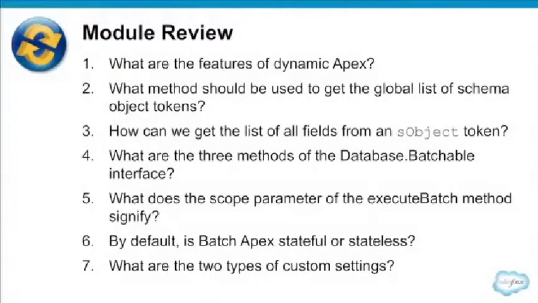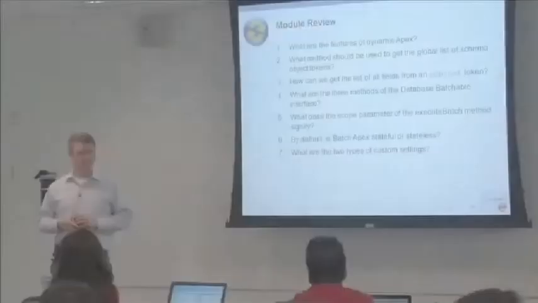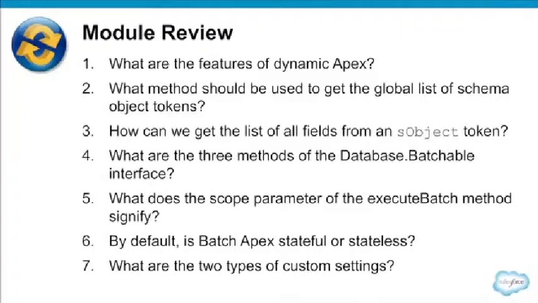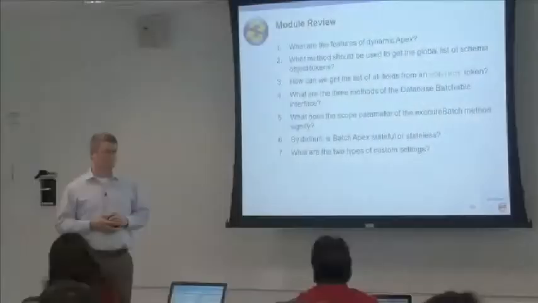What are the three methods of the Batchable interface that we would need to implement? Start, execute, and not stop, but finish. Very good. What does the scope parameter of the execute batch method signify? Number of things in the start list that you're handling.